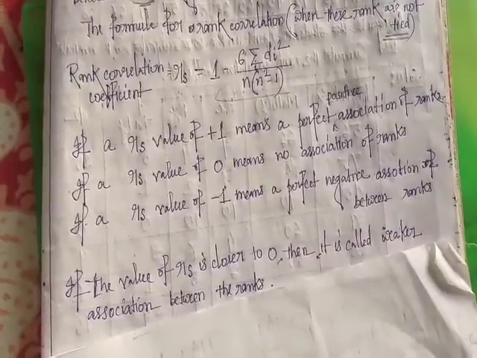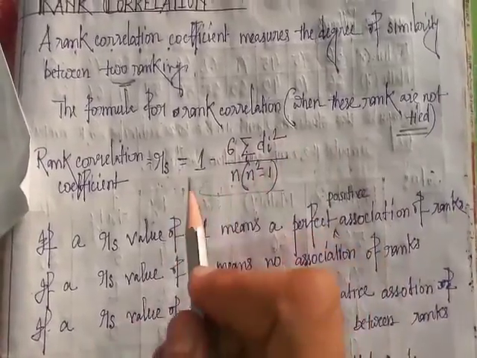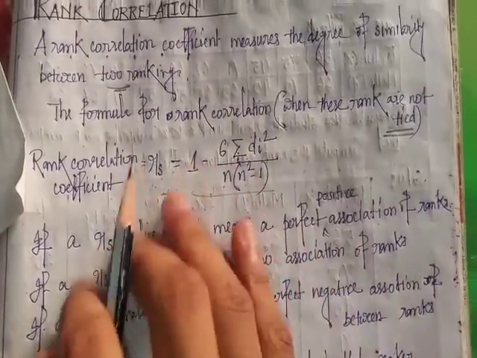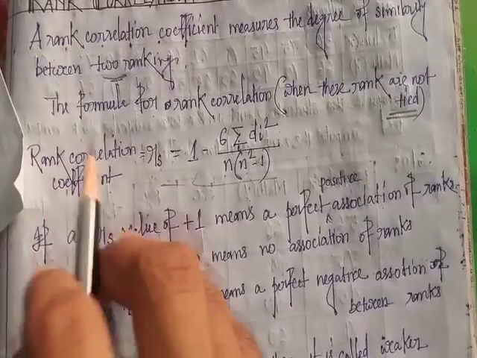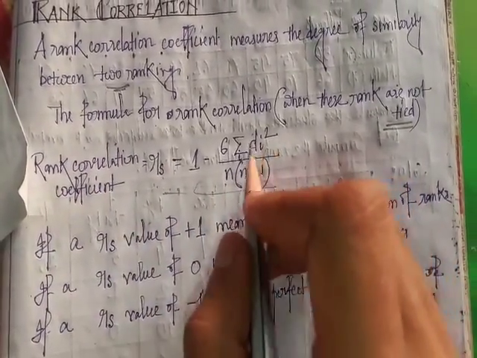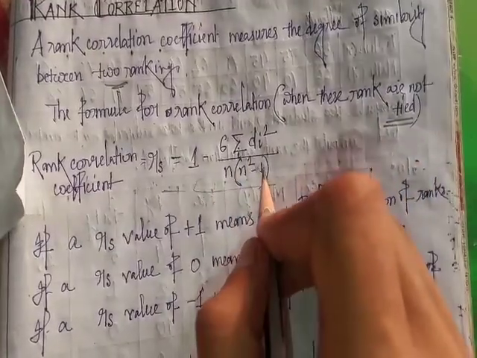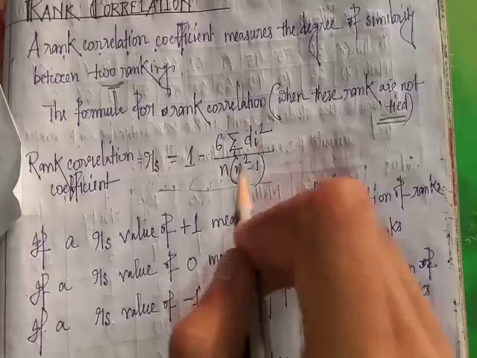Clear? So this is the formula. Please remember this formula. For not repeated ranks, the rank correlation coefficient is Rs equal to 1 minus 6 into summation di square by n into n square minus 1, where di is the difference between two ranks and n is the number of data.